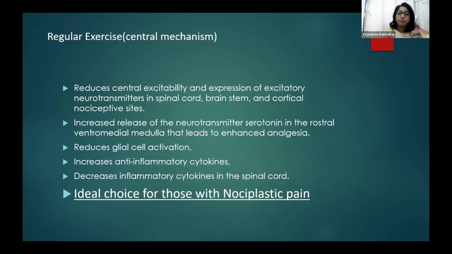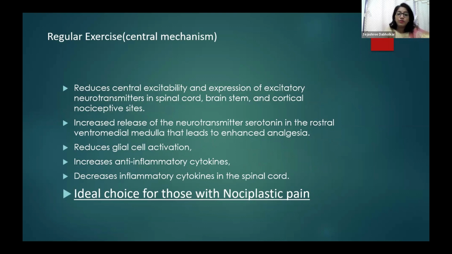Apart from these things, the other thing which can help is, whenever there is a central mechanism involved, we always say regular exercises are very important, because they reduce central excitability, reduce the expression of excitatory neurotransmitters, increase the release of inhibitory neurotransmitters, reduce glial cell activation, and increase anti-inflammatory cytokines and decrease inflammatory cytokines in the spinal cord.